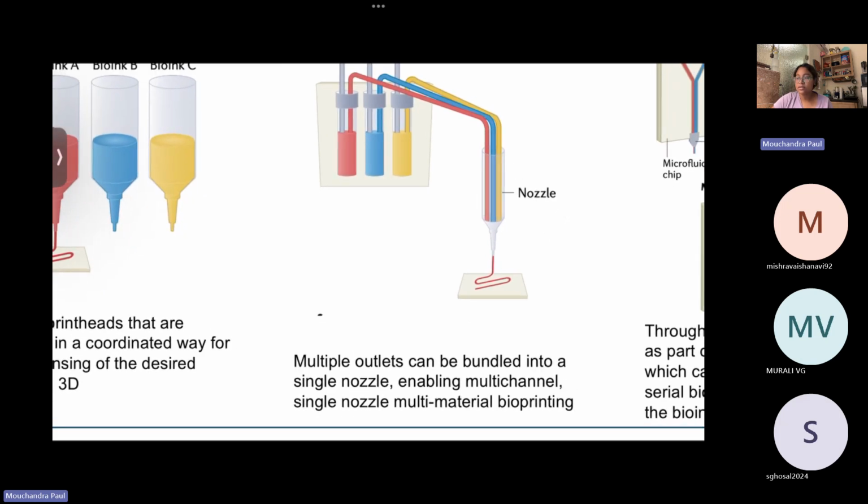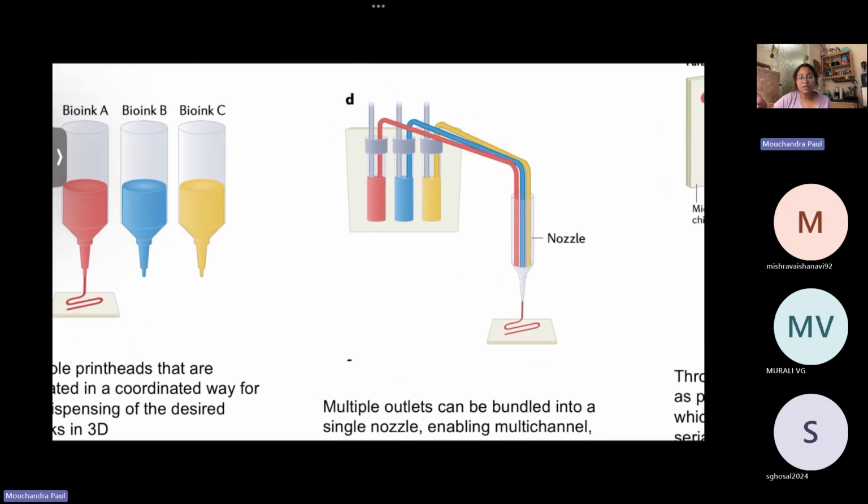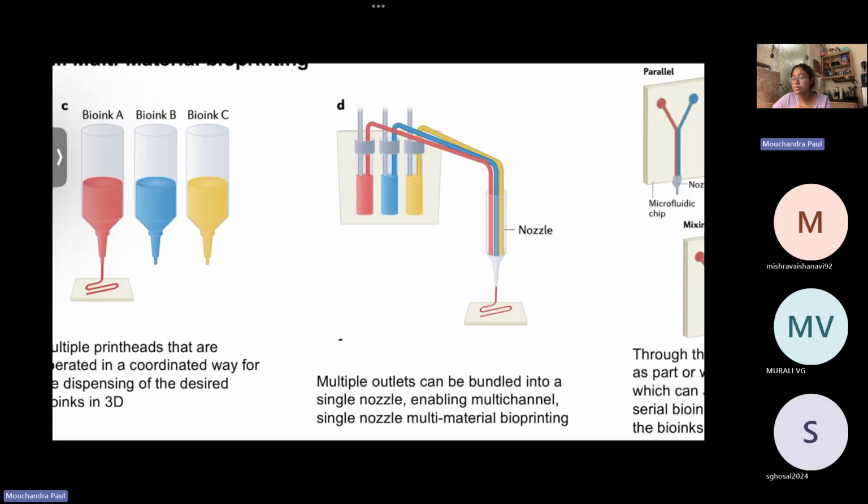Multiple outlets are connected to each of the bioinks, and then they are bundled together into a single nozzle. So they're basically mixed at the end stage, just before depositing on the substrate. But each of these materials has its own reservoir and own outlet channel as well. So this enables multi-channel, single nozzle, multi-material bioprinting.